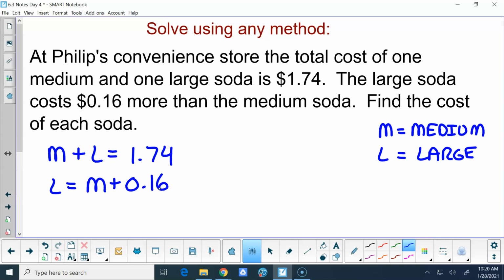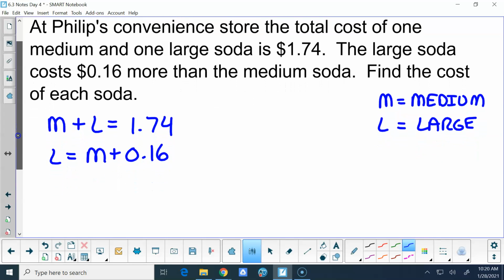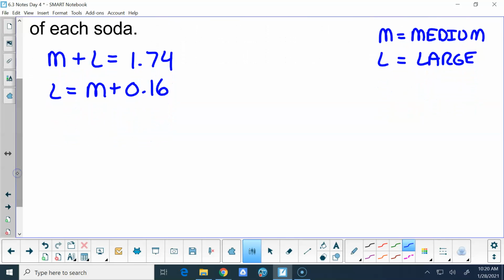Looks like substitution is back in order.